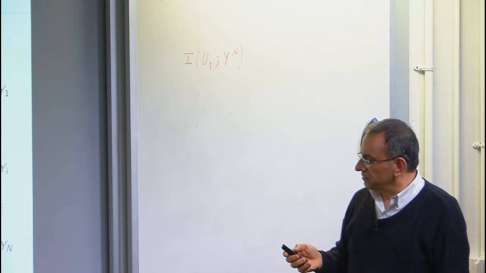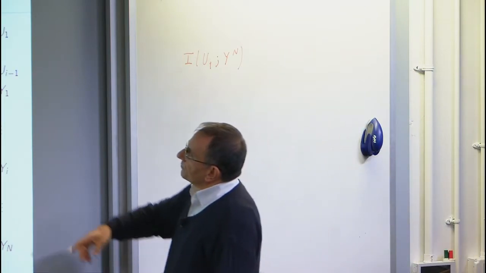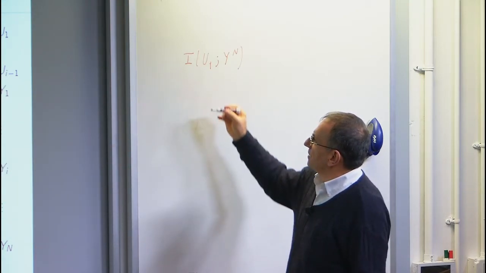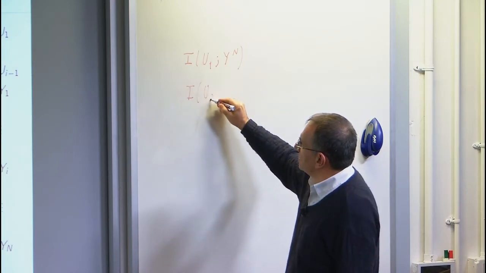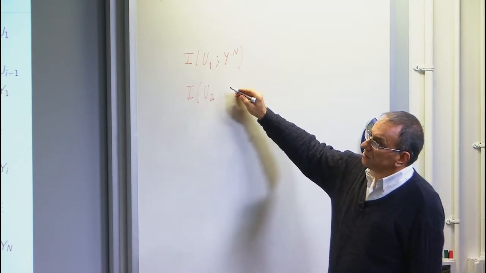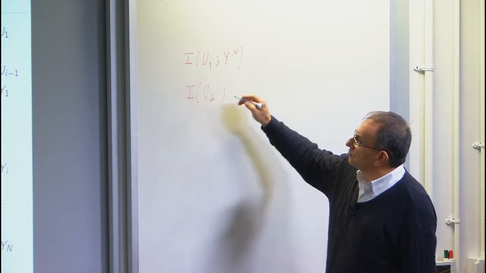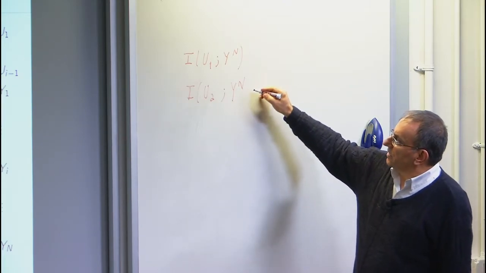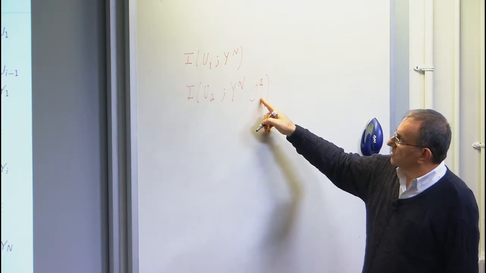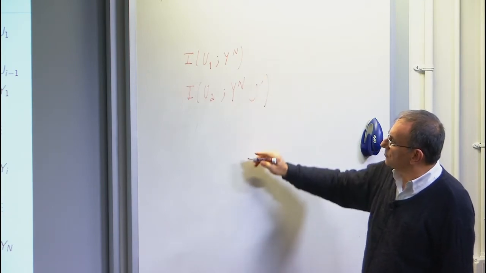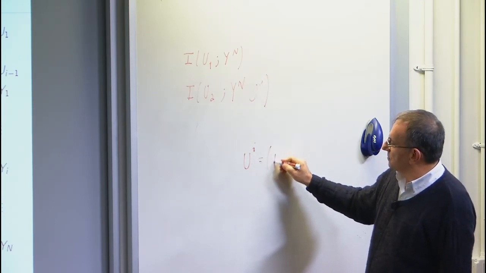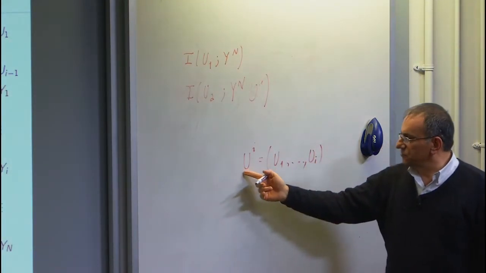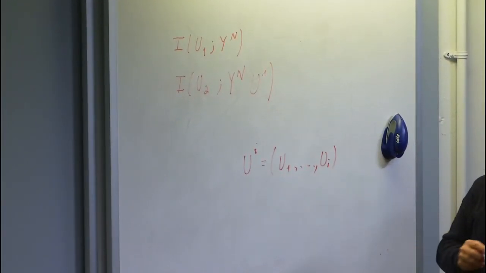Okay, so that's going to be the first channel. Let me write in here the second channel. The second channel is going to have input U2, the second term in the chain rule expansion. And we have the entire output plus this additional term. Okay, so the notation is, the superscript indicates a subsequence starting at 1.